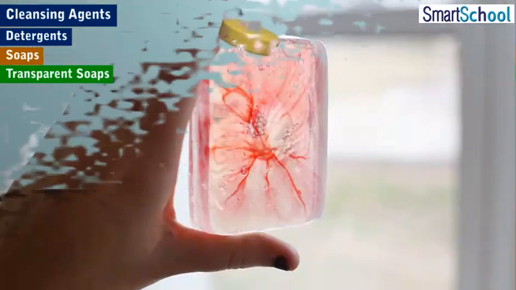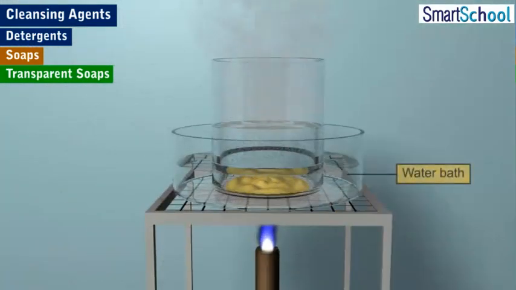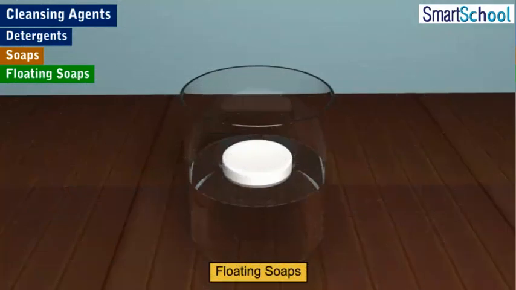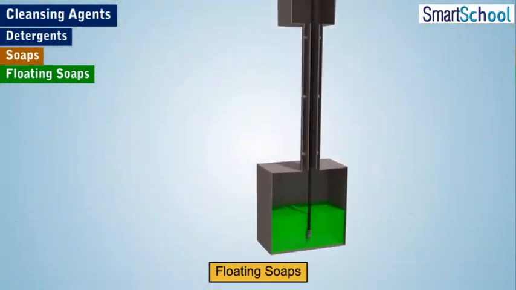Transparent soaps are made by dissolving the soap in ethanol and then evaporating the excess of solvent. Soaps that float on water are made by beating air into them before they are hardened.